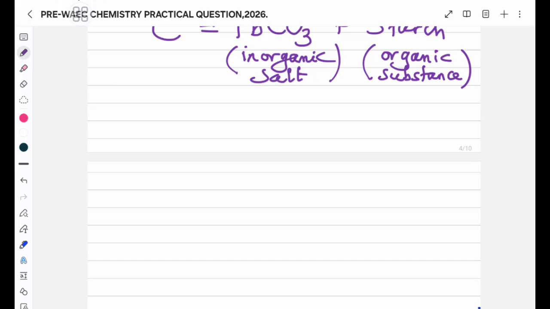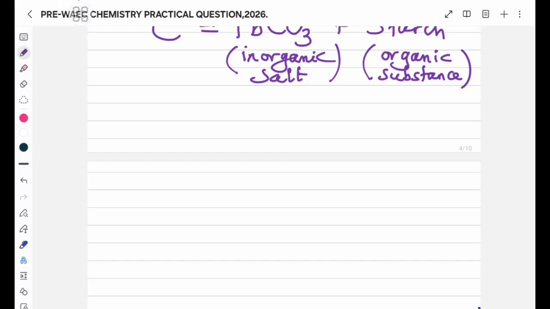You filter, then you get the filtrate out. But initially the mixture will look cloudy and milky white.